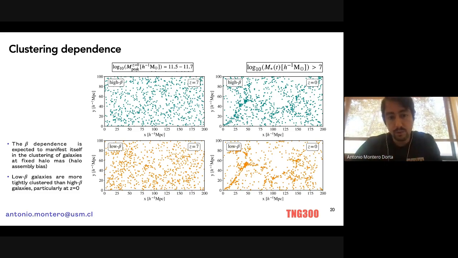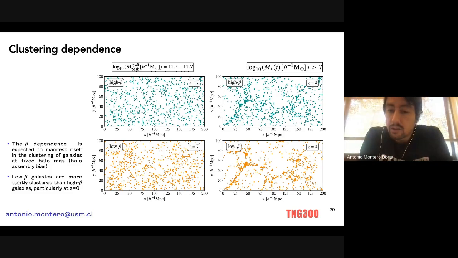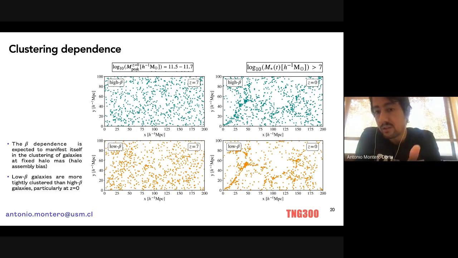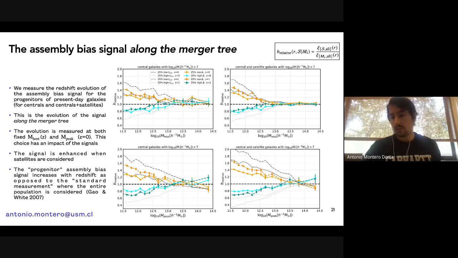On the lower panels, you see low beta. And these are two different redshifts. And you see that particularly at low redshift, obviously, low beta is more negative, so steeper. Galaxies in halos of steeper, low beta are more tightly clustered, easily seen, than in the case of the high beta objects.